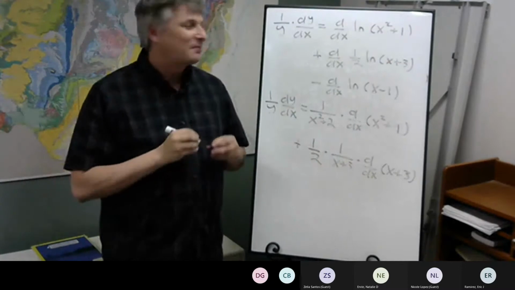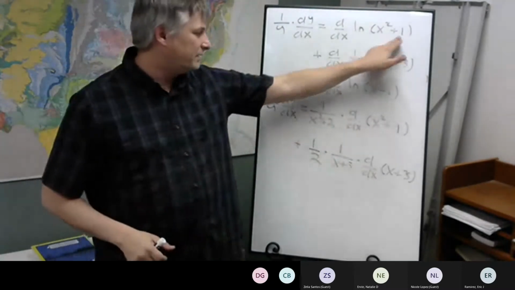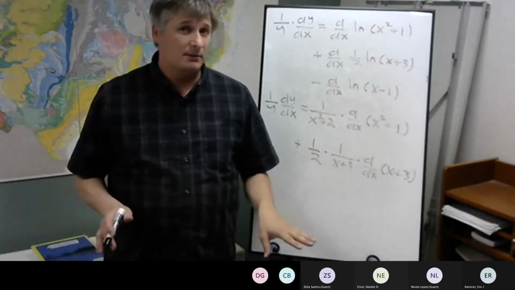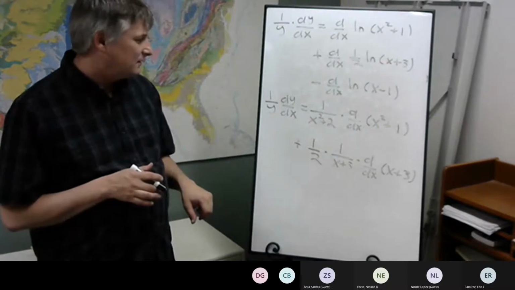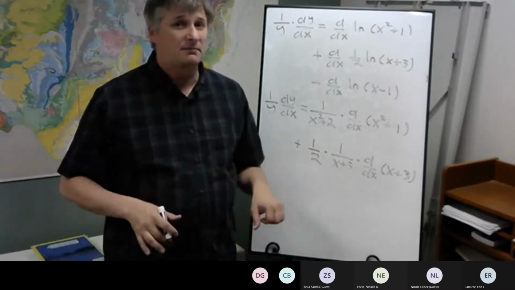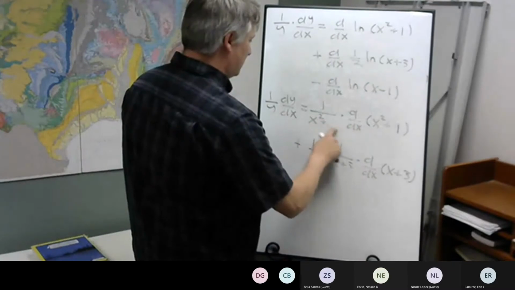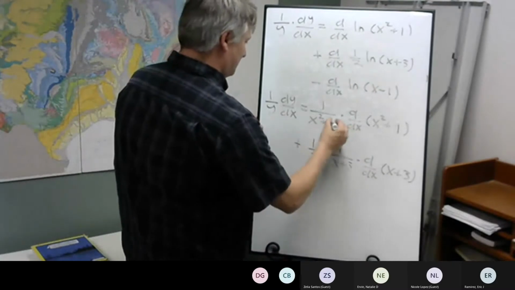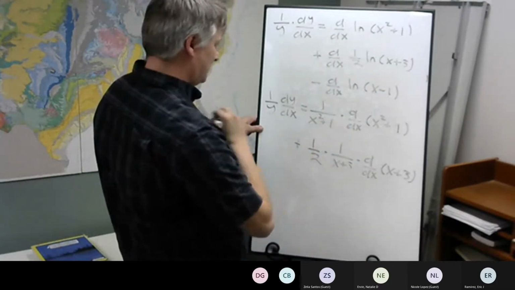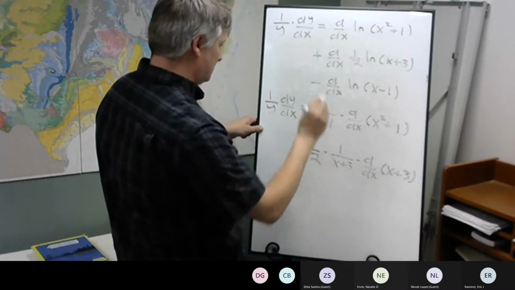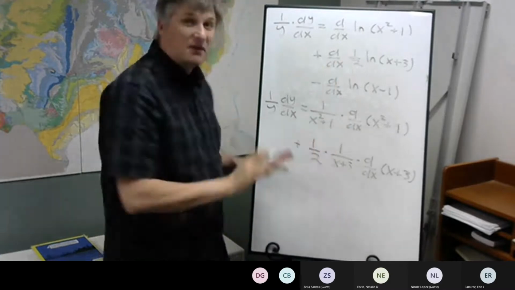Yeah, that's what it is. This 2 should be a 1 here. It didn't magically become a 2. Yeah, thank you for catching that. Oh, and that means this is going to be 1 also. Okay, I think we're okay.